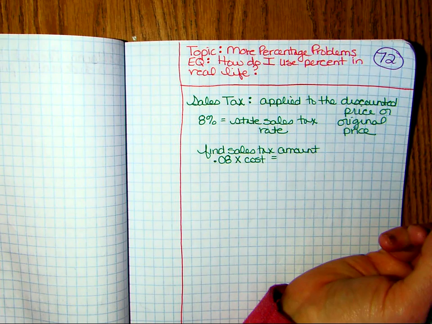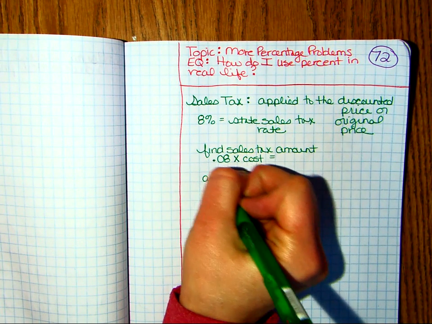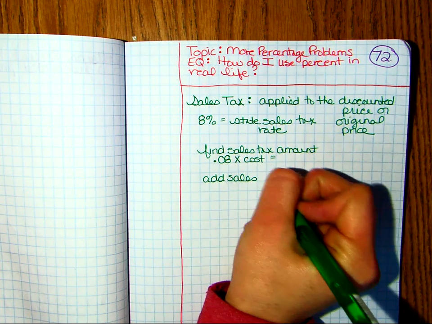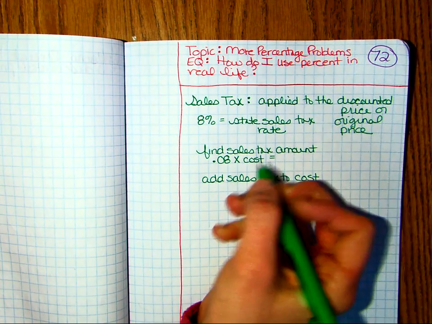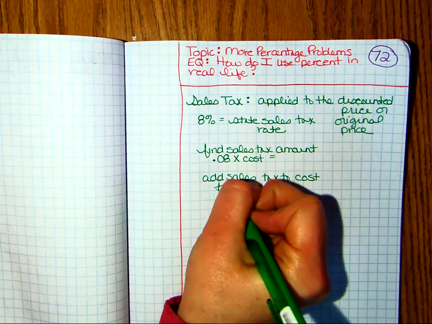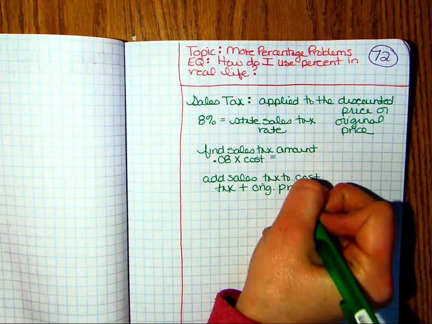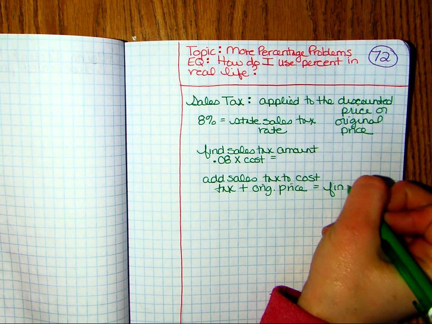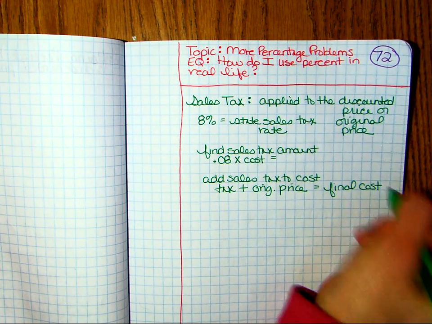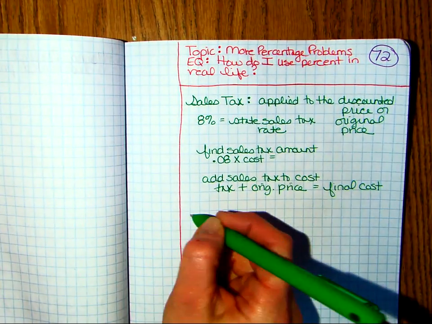And then when you get that, you are going to then add sales tax to cost. So then you would have whatever the tax is, and you would add it to the original price or the sale price. And that is going to be your final cost. Okay, so that is how we do sales tax.